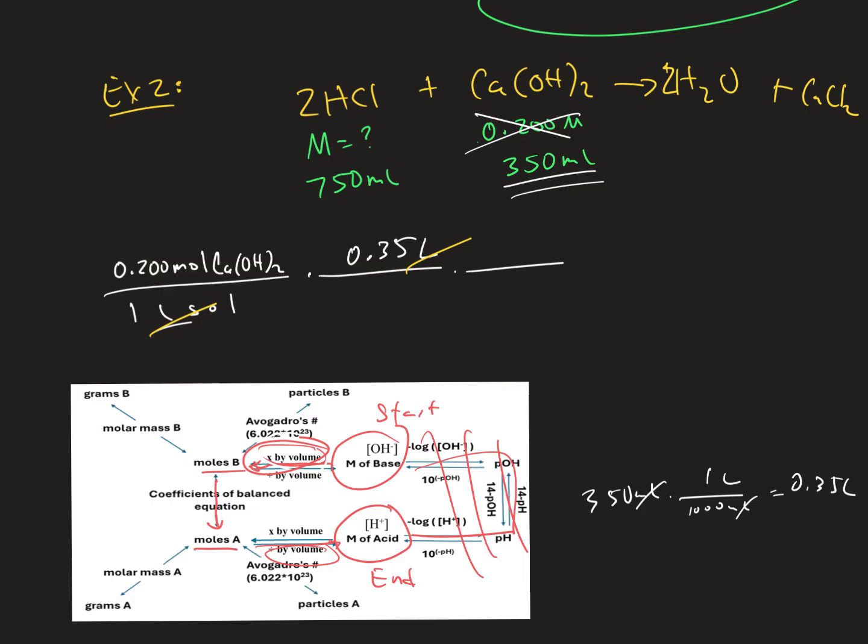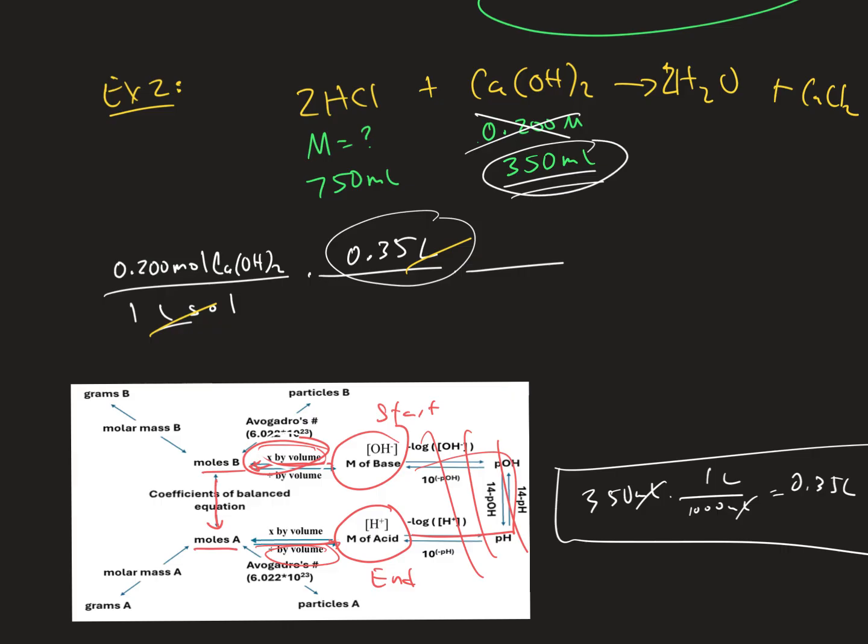What's that? What you put on there, the 0.35? How'd I get this? Is that what you're asking? Right here. I started with 350 milliliters. I converted it to liters so that it can cancel out with those liters. And according to the map, I start with my concentration and I multiply by my volume. Good?